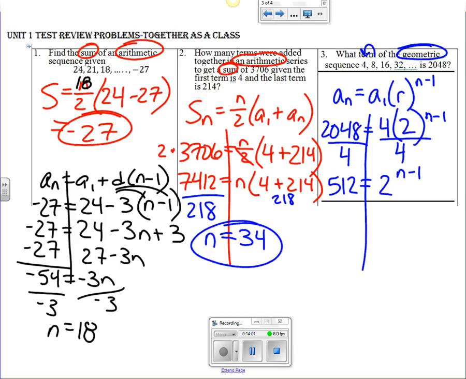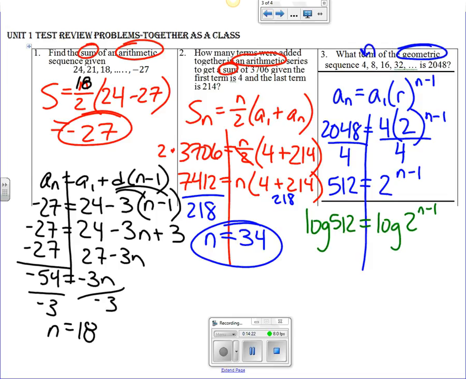We're using this one. You good? All right, Jesse, what do you do from here? Log. Yes, that is correct. Why do you log, guys? Because the n is in the exponent and you got to get it out.